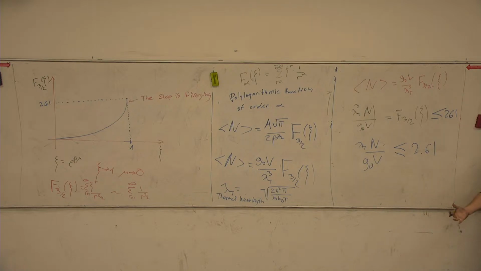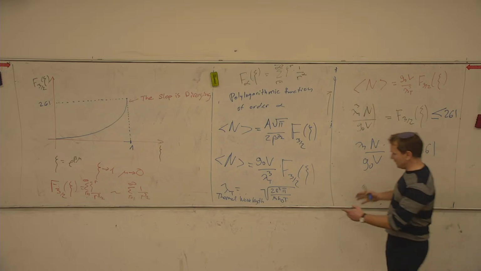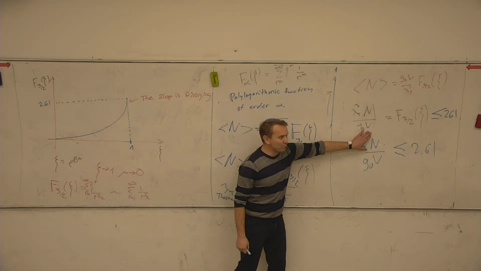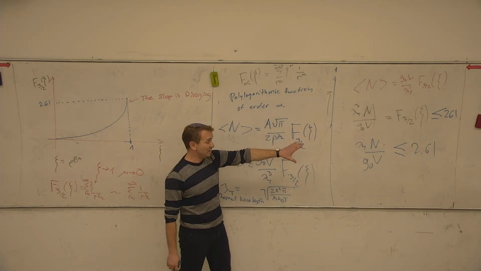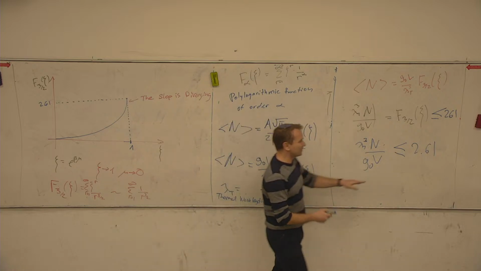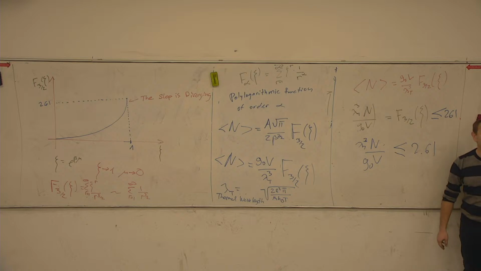Why? I can put an enormous number of particles inside a box. Why am I obligated to say that the number of particles in any box should satisfy this equation? This can't be true, because the number of particles that I can put inside a box is unconstrained.